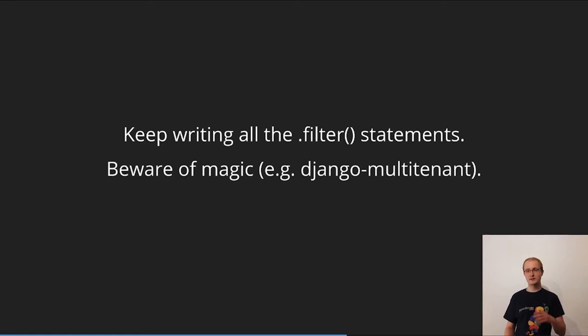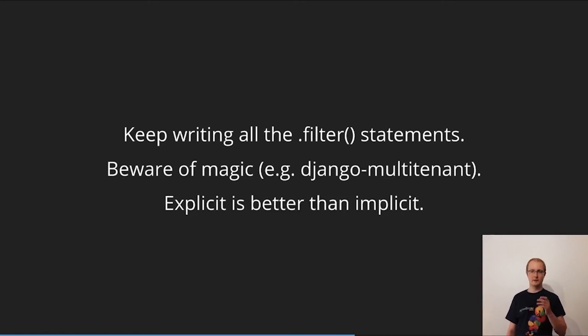So we're still training ourselves to put in all those filter statements, and ensure with code review that they're in there, because we believe explicit is better than implicit, and we'd rather write all those statements and go through code review one more time than miss one of them in a place where we can't miss it.